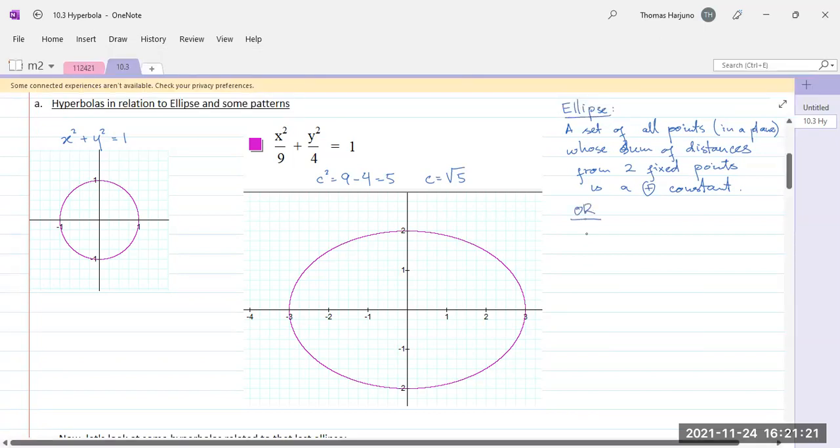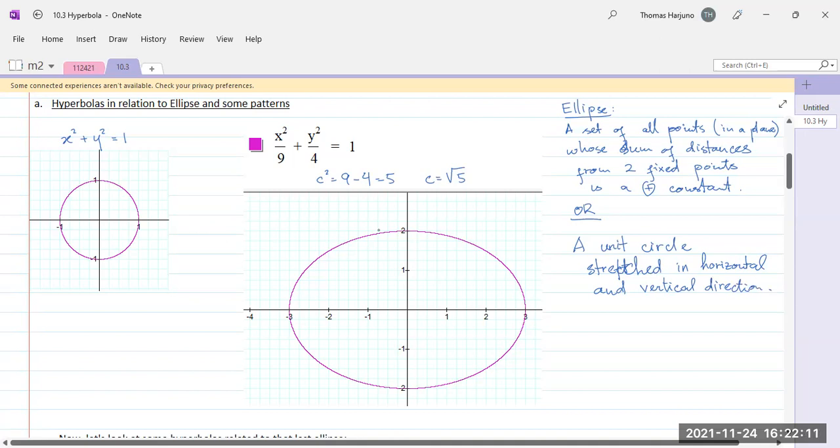You can see an ellipse as a unit circle stretched in two directions, in the horizontal and vertical direction. Of course, this is a very, very informal definition.